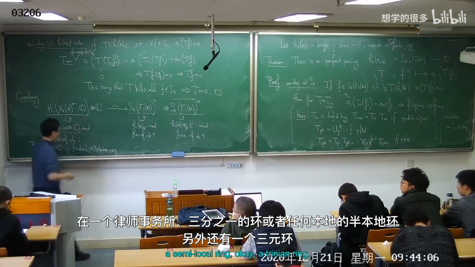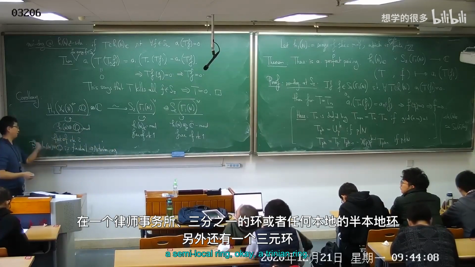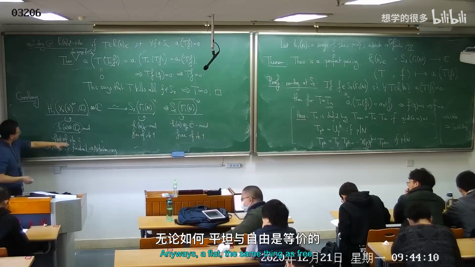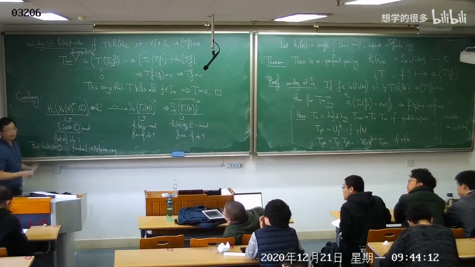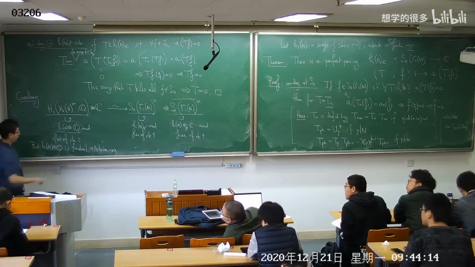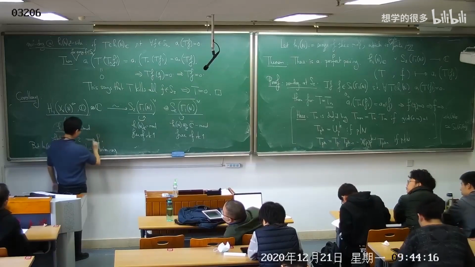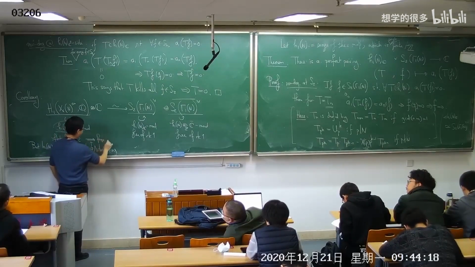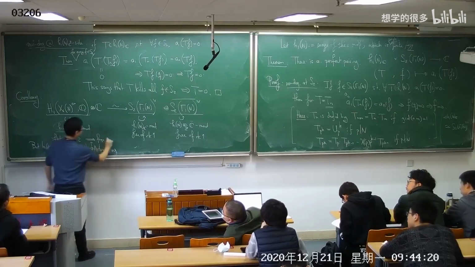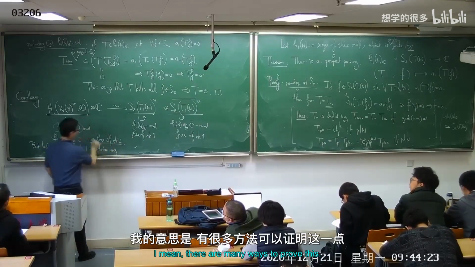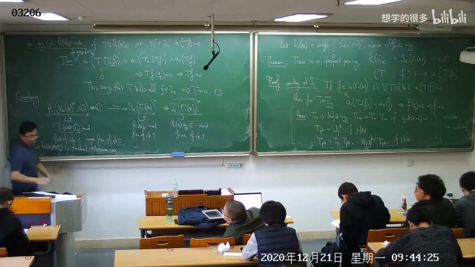On any local, or semi-local ring, anyways, flat is the same thing as free. So this is free of rank 2. I mean, there are many ways to prove this. I'm just being lazy.